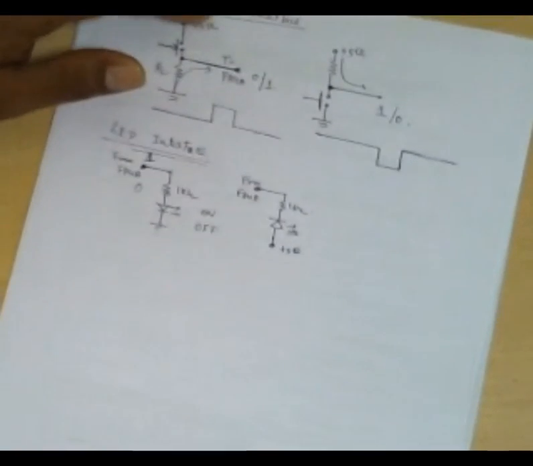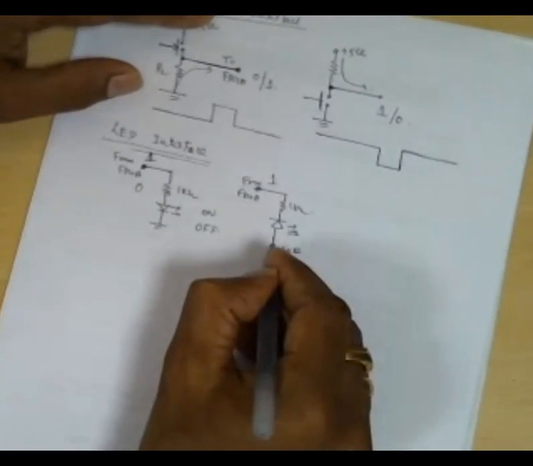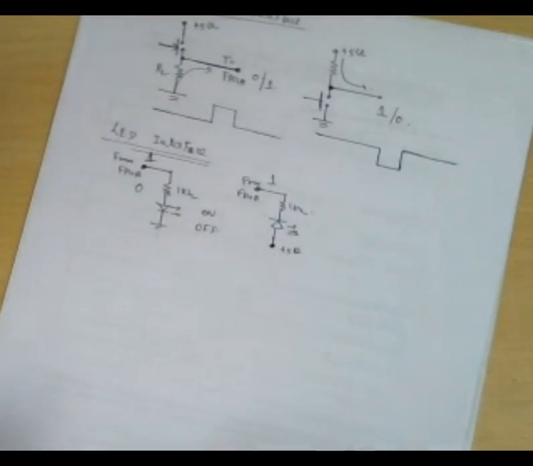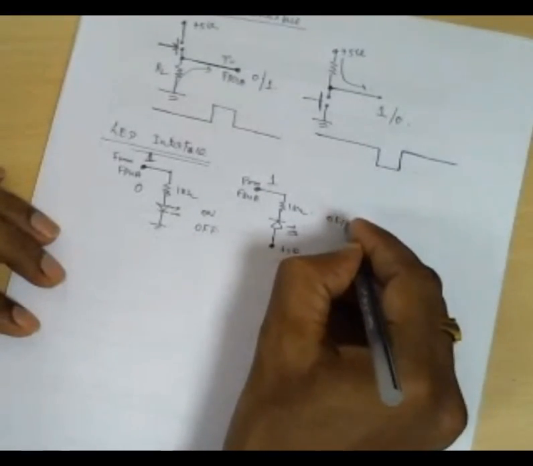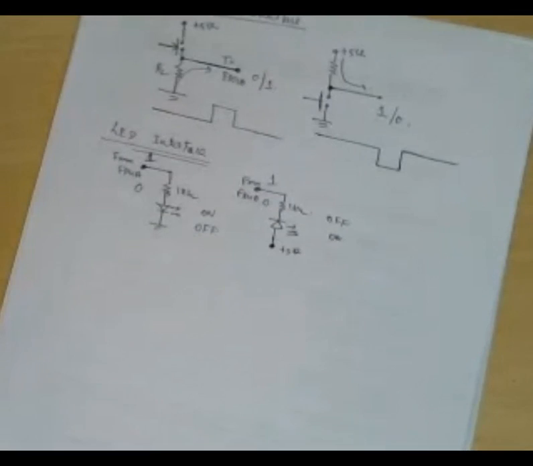If the FPGA is also giving you 1, already here a positive potential is connected to the anode of the LED. So the cathode is also at a positive potential, the anode is also at a positive potential. So the LED will not glow now. Correct? So whenever you are giving 1, it is off. Whenever you are giving 0, it is on.